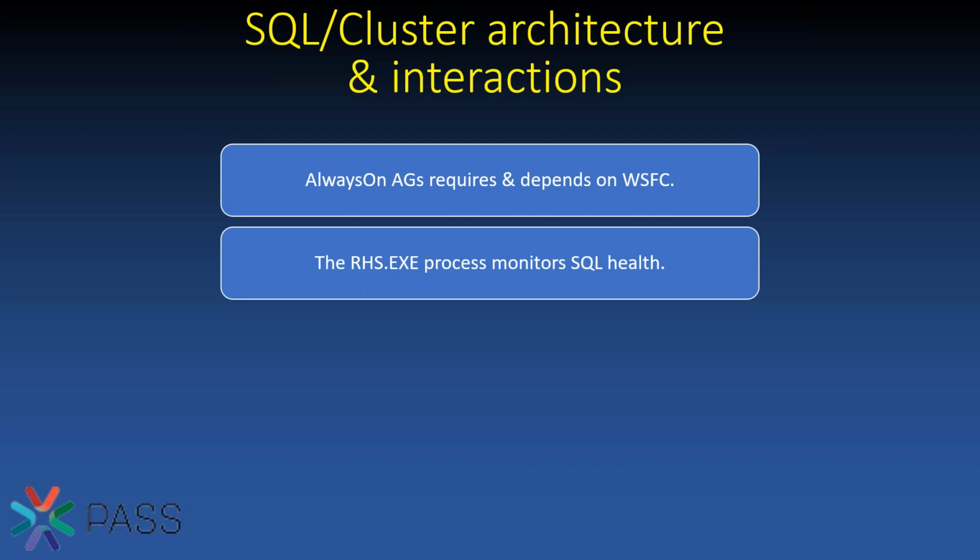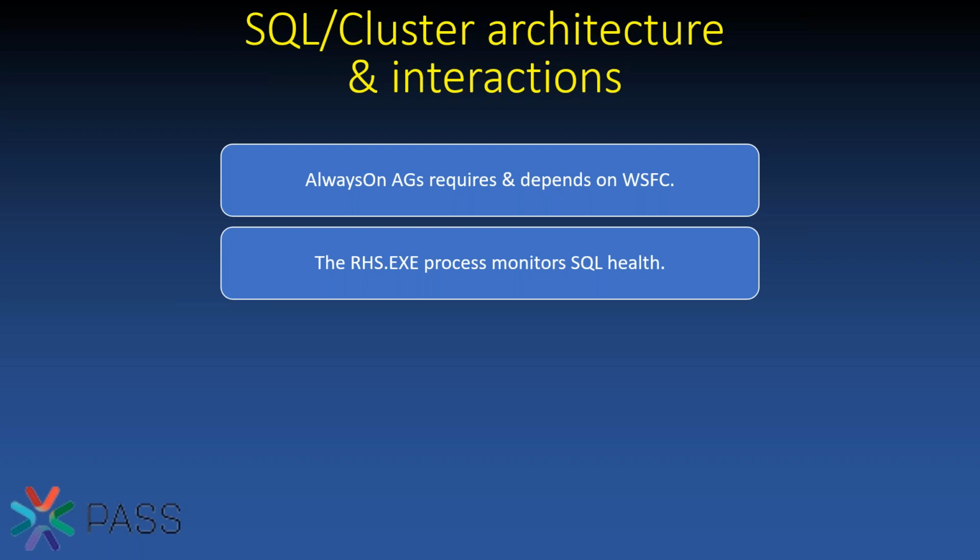A lot of that process is done through the RHS process. RHS is the Resource Health Service. It's part of Windows clustering, and it monitors the health of every resource in a cluster, whether that's an IP address, a name, a print queue, if it's a print cluster, Exchange, if someone still had Exchange, SQL, any kind of resource in a cluster.